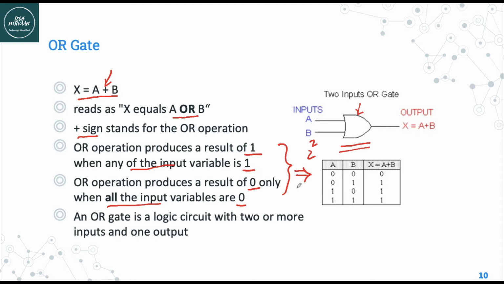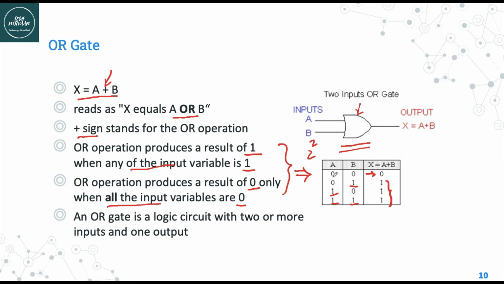Now based on this logic we can say that if all the inputs are 0, only then we will get output as 0. Otherwise, in all remaining cases, if any of the inputs is 1, then we will get output 1. So this is the OR gate.